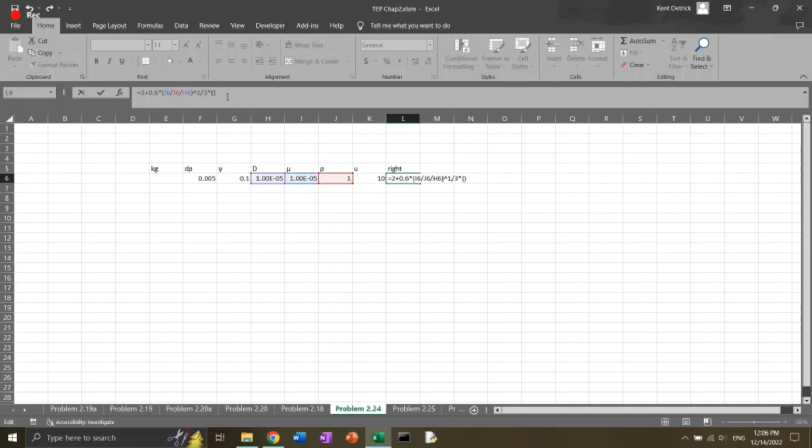Then we're multiplying that by dp times u times rho divided by viscosity, and that is the square root.